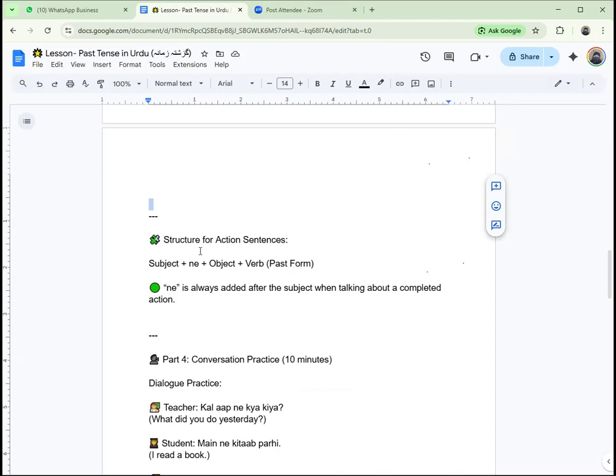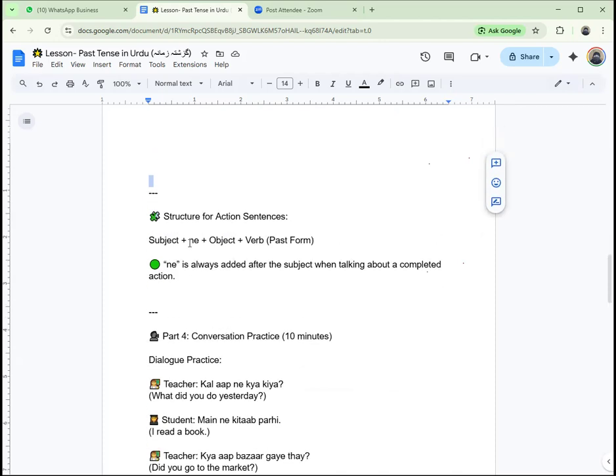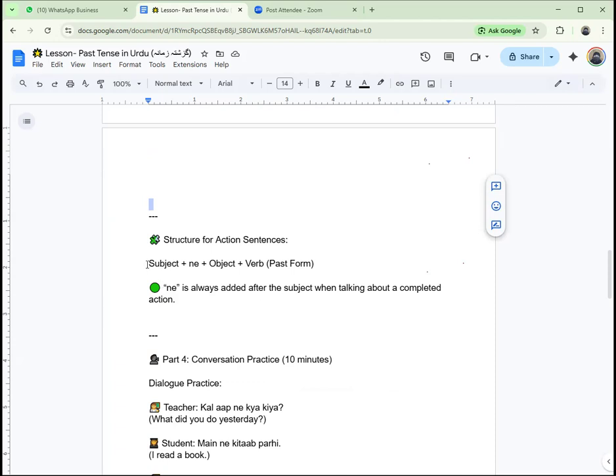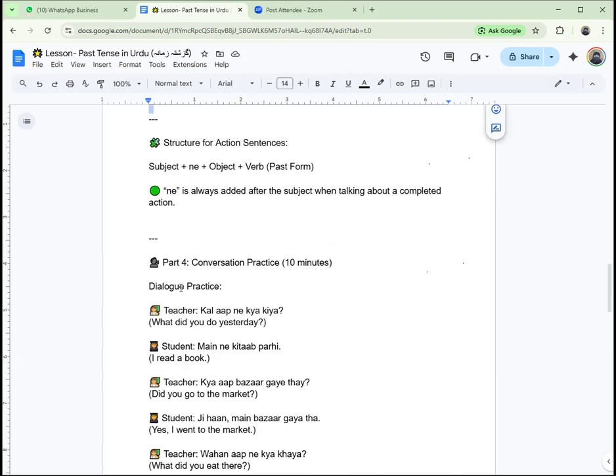A structure for action sentences when we use past tense ne. First of all, we put the subject, then ne, and then the object, and then the action verb or tense. And for past tense, ne is always added after the subject. Again, explained here. And part 4, conversation practice.